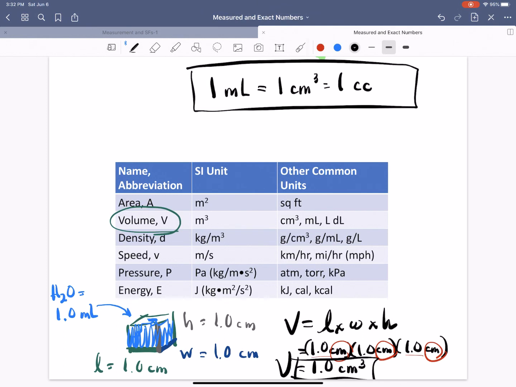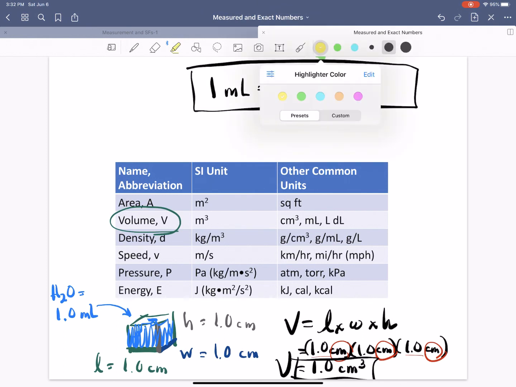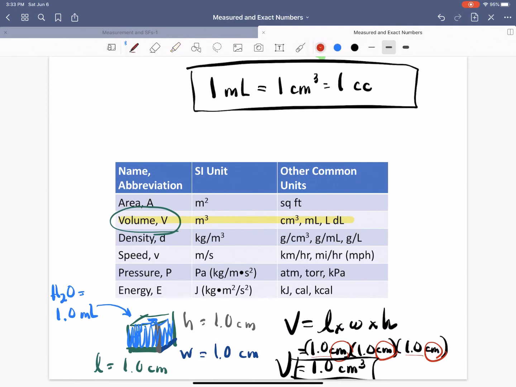So sometimes volume is a derived unit, and sometimes it's not. Meters cubed, as soon as we see that something is cubed, that's derived. Length times width times height. But when we see liters, we know that it might have been measured directly, fundamental unit.